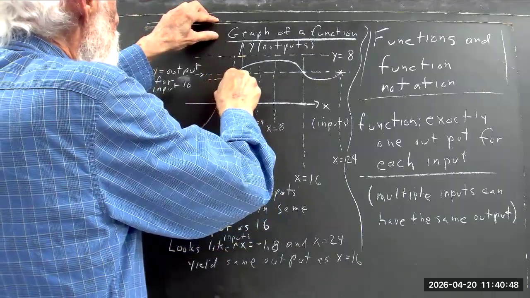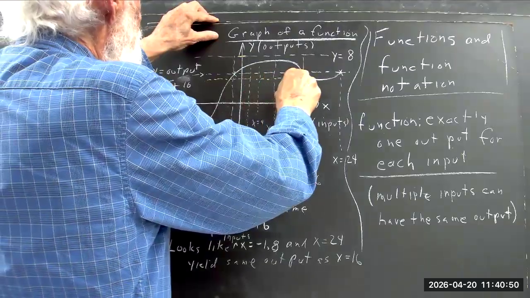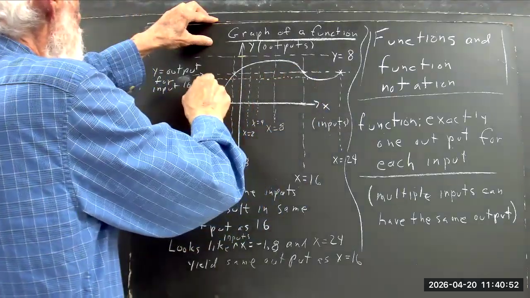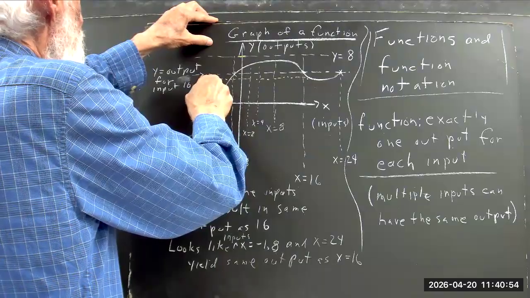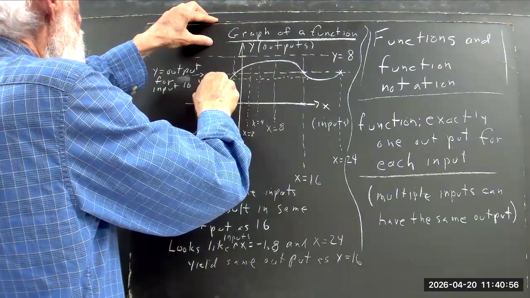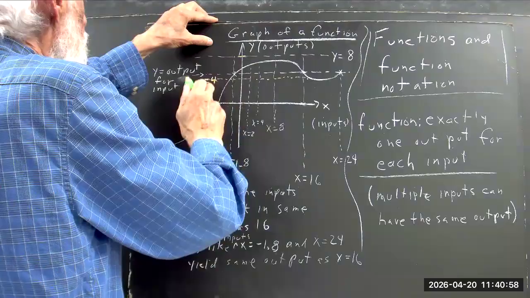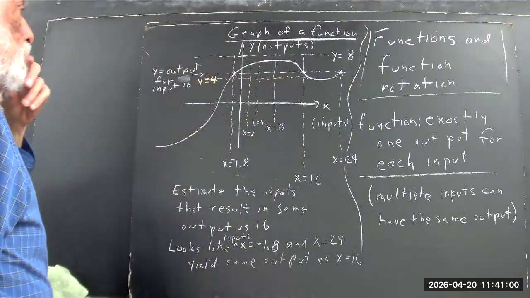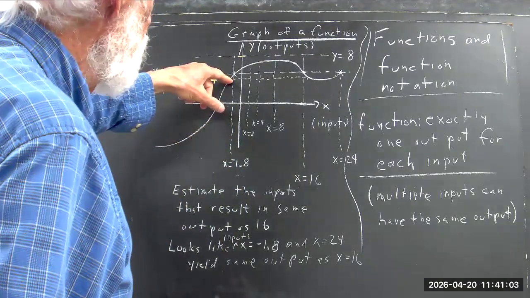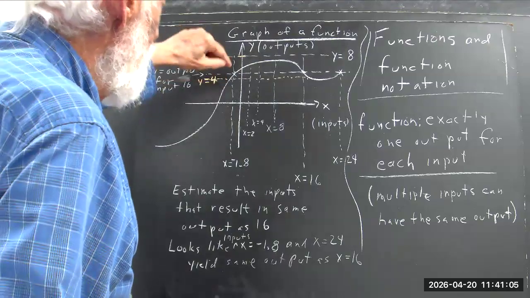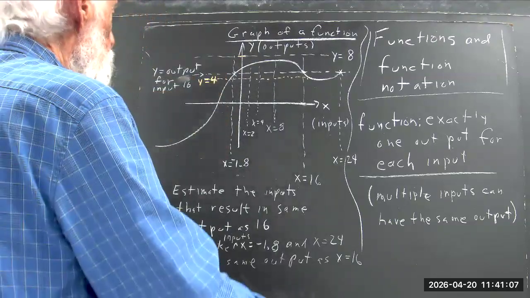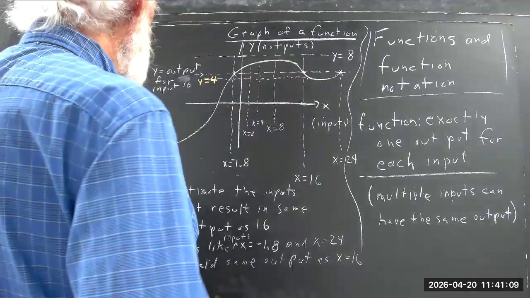Let me say this line here looks like y equals 4. Well, if y equals 4 here and y equals 8 here, it looks a whole lot like y is pretty close to 5 on this horizontal line.